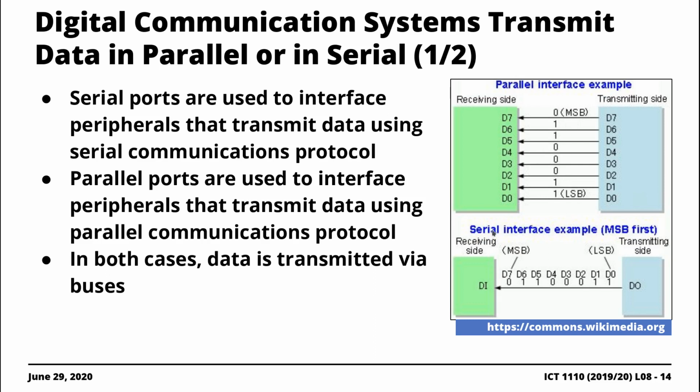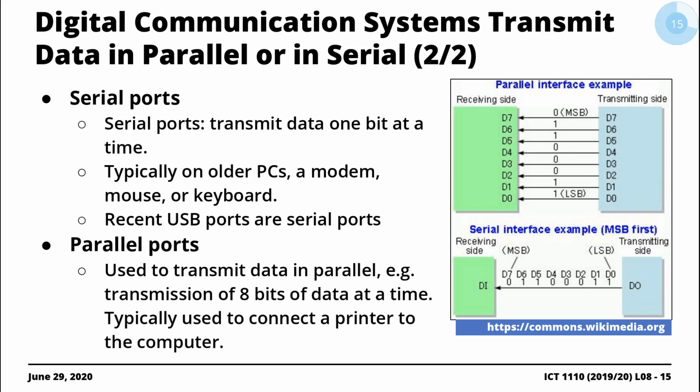In the case of a serial interface or serial port, the data is transmitted one bit at a time, right? If this is a bit confusing, and it's probably going to be a bit confusing because we haven't had a discussion of data formats and how data can be interpreted or viewed from the perspective of a computer system in terms of bits, right?